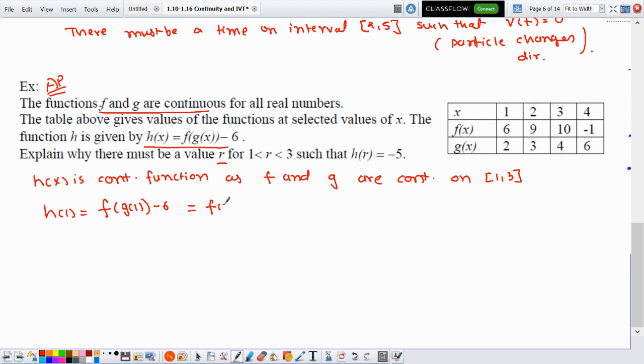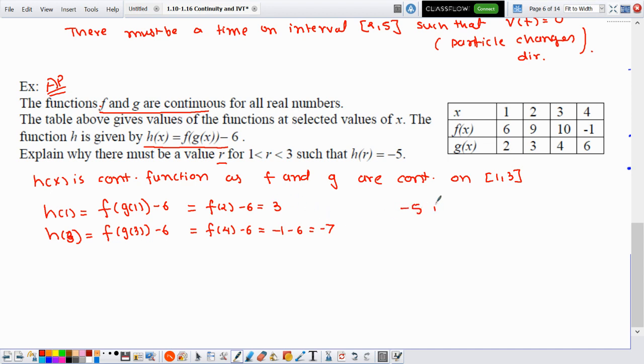So f of 2 minus 6, which is 3, right? f of 2 is 9. 9 minus 6 is 3. h of 3 is f of g of 3 minus 6. So g of 3 is 4, which is f of 4 minus 6. f of 4 is negative 1, minus 6 is negative 7. So negative 5 is between negative 7 and 3.